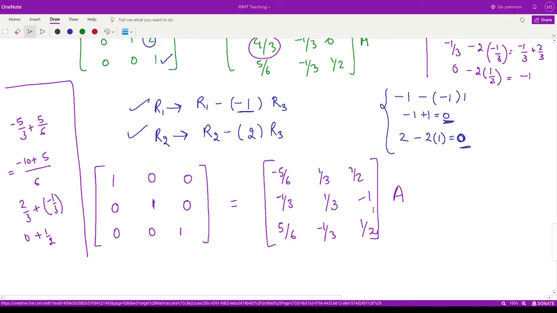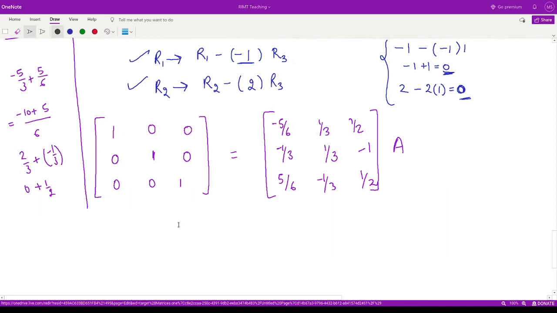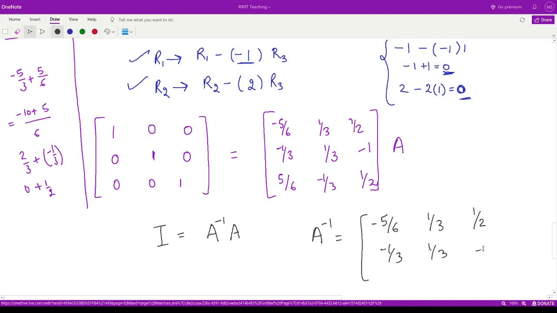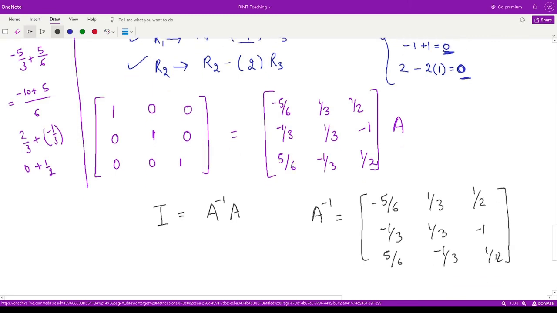So now in this case, you obtain I is equal to some matrix which is nothing but A inverse into A. So you can write your A inverse as minus 5 by 6, 1 by 3, 1 by 2, minus 1 by 3, 1 by 3, minus 1, 5 by 6, minus 1 by 3 and 1 by 2. So this is your matrix A inverse.